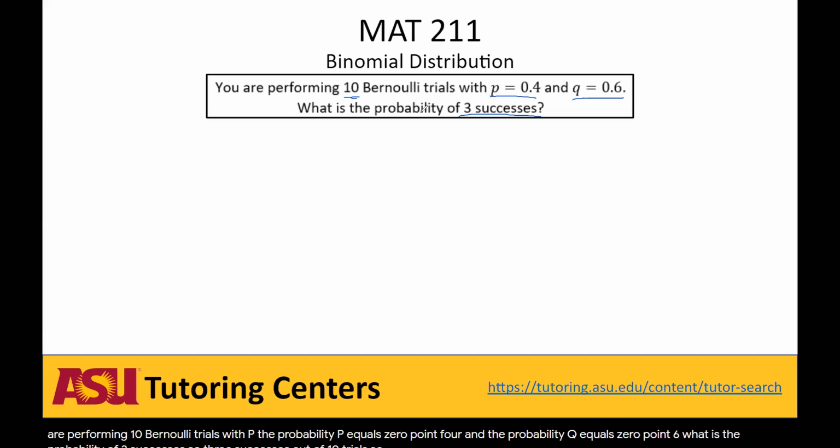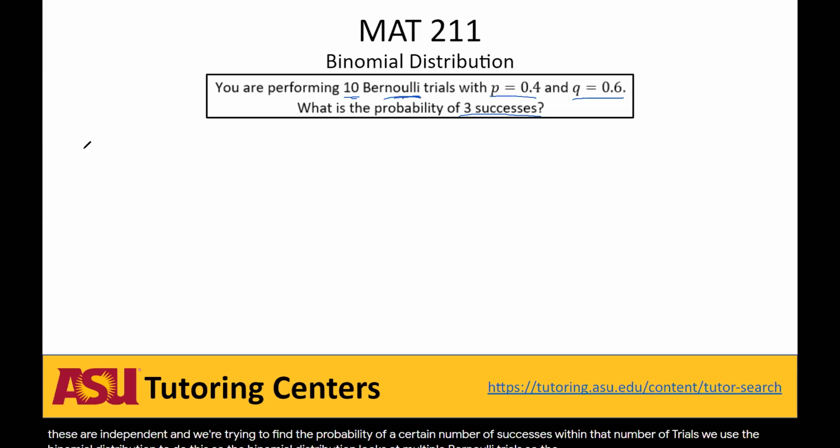If we have multiple independent Bernoulli trials, which we're assuming here, and we're trying to find the probability of a certain number of successes within that number of trials, we use the binomial distribution to do this. So the binomial distribution looks at multiple Bernoulli trials.